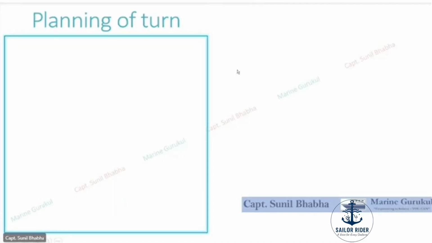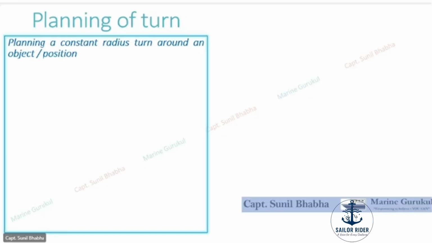Let us now go into the concept of planning a turn. By planning a turn, we mean what is the way or the method to plot or have the curved path on which the ship moves while it is altering on our chart. Now this planning of turn may be required in different scenarios.